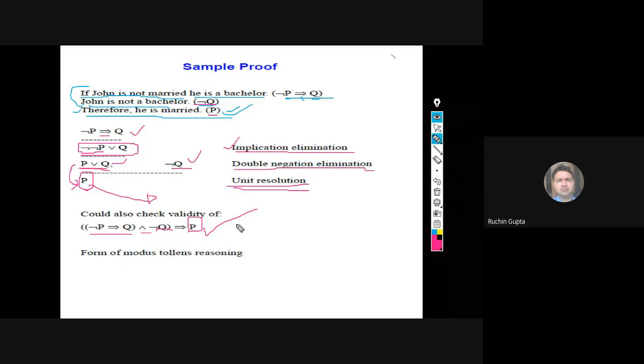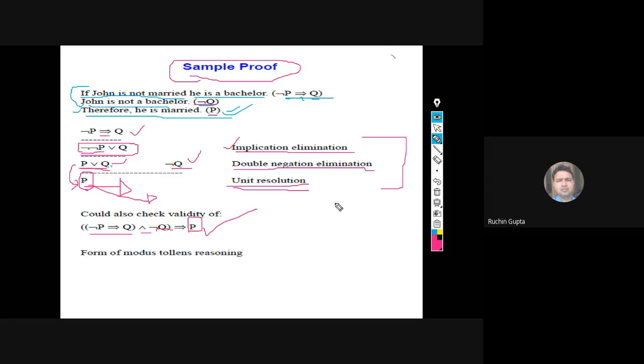So this is proving using the rules of inference. We convert the facts into propositional statements, apply the various inferencing rules, and prove whether the statement can be derived or not.